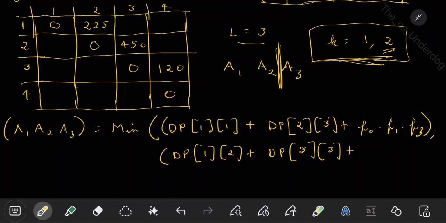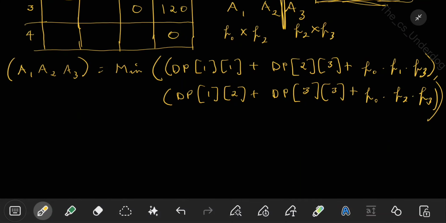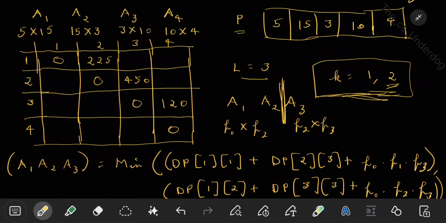If the split is here, then this will be P0 by P2 and A3 size will be P2 by P3. So this will be P0 into P2 into P3. Let us substitute the values here. If you substitute those values, that is equal to minimum of, what is dp11? From our table, dp11 is 0.